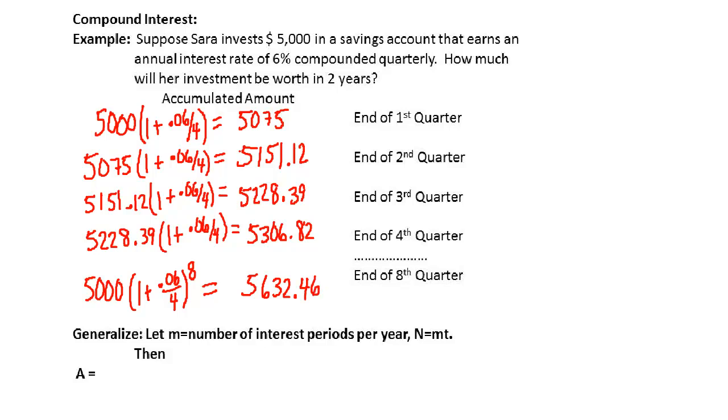So in general, the general formula is we start with our principal and we multiply by 1 plus RT, or changing notation a little bit here, T is 1/4, M is 4 if things are quarterly, and we multiply this n times. So my exponent is n here, where n is the total number of interest periods.